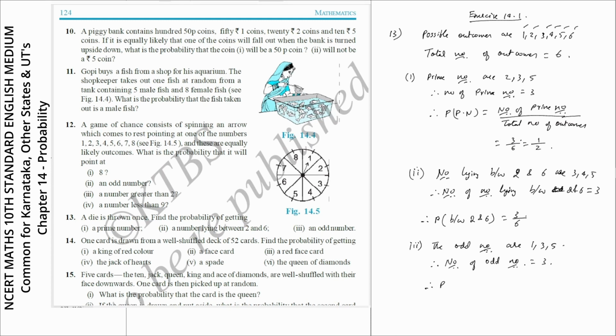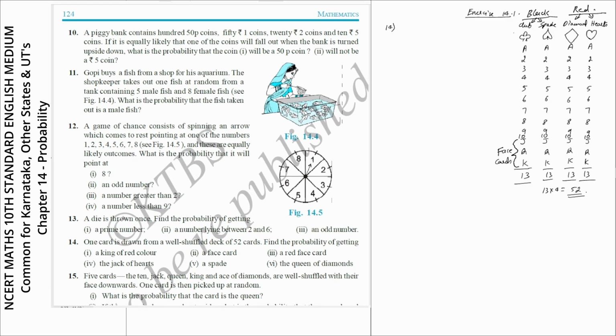Therefore, the probability that an odd number occurs is the number of odd numbers divided by the total number of outcomes. So this is equal to 3 by 6. 3 by 6 is 1 by 2. And that completes this problem.